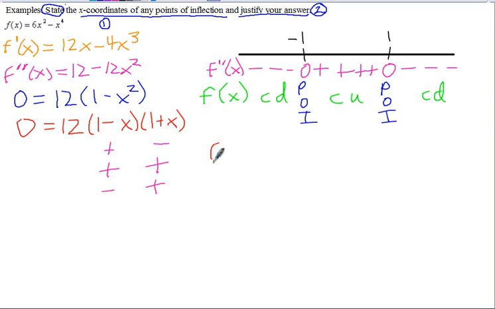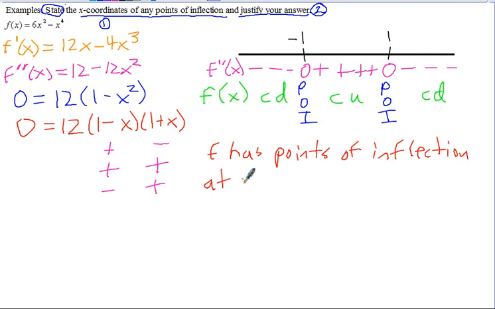So we can say f has points of inflection at x equals negative 1 and x equals 1.